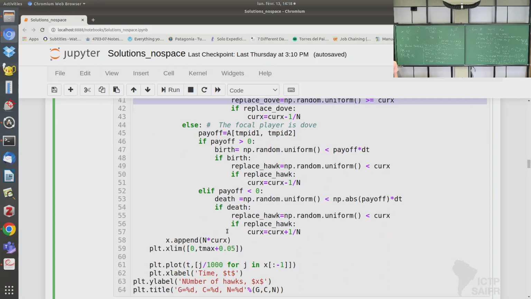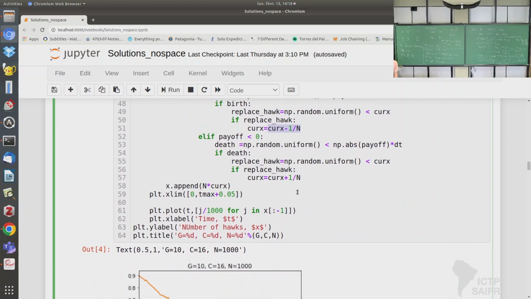So for instance, if you're drawing a dove and you draw a hawk to be replaced, this is a birth for a dove. Therefore, x becomes x minus 1 over n, because x is the fraction of hawks. So you have one hawk less in the population.